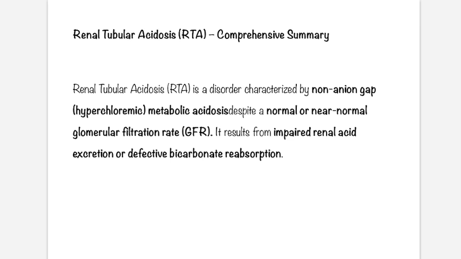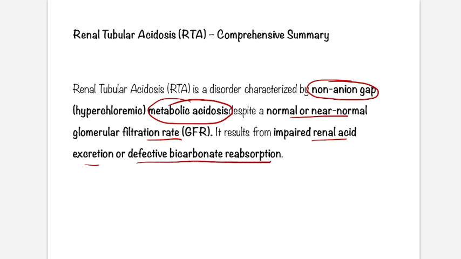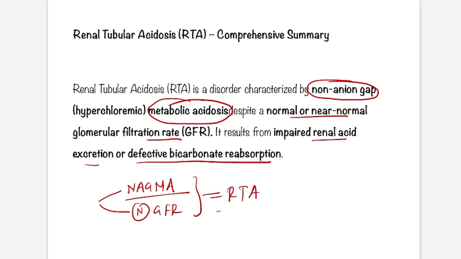So we'll start with renal tubular acidosis, a disorder of non-anion gap metabolic acidosis. Just pay attention to the keywords: non-anion gap metabolic acidosis, normal or near normal GFR, and impaired renal acid excretion or defective bicarbonate reabsorption. NAGMA, non-anion gap metabolic acidosis, with normal GFR is the hallmark of RTA, renal tubular acidosis.